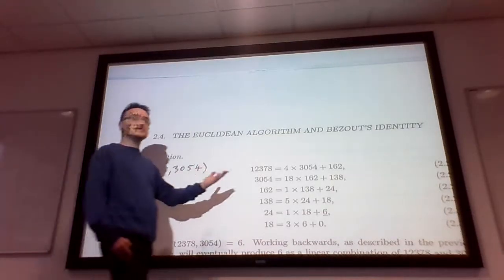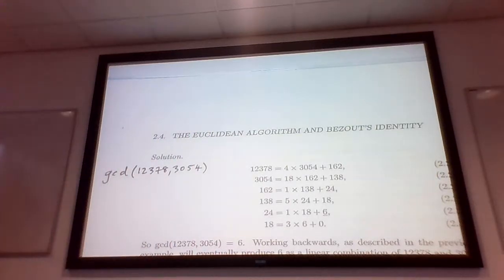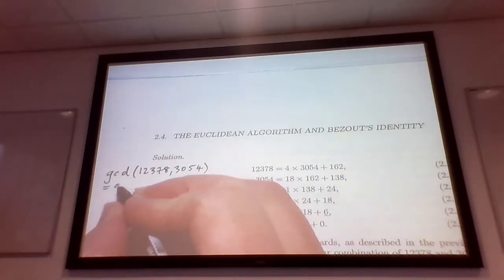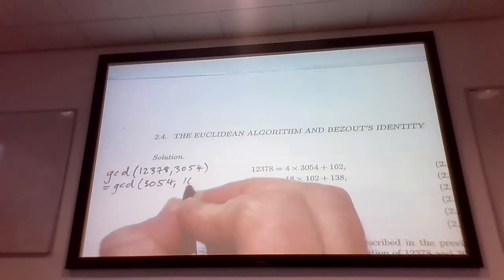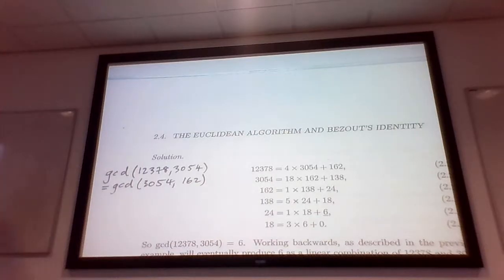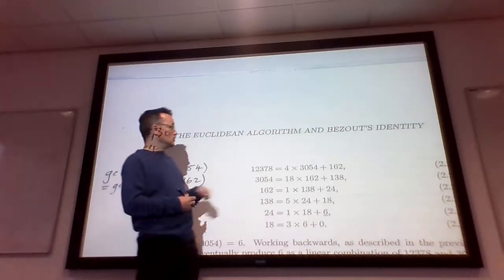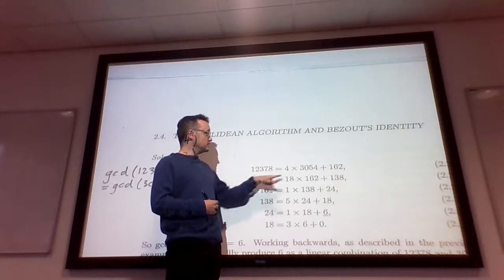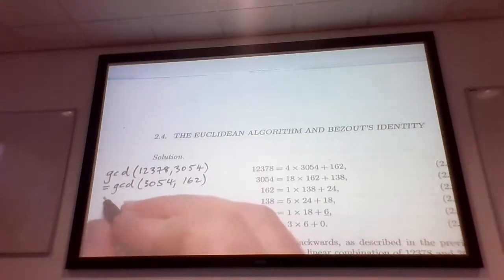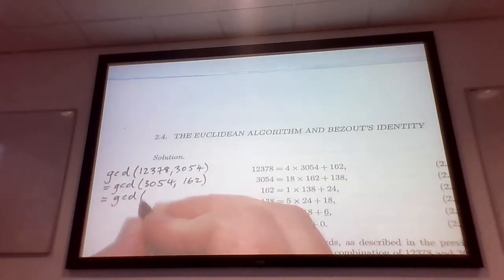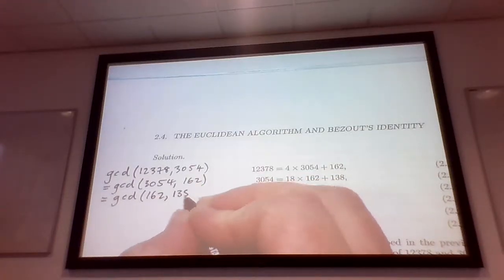Well, we perform integer division with remainder. We find a remainder 162. So applying the lemma tells us that this is the greatest common divisor of 3054 and 162. Still too large to know what it is, so we do the integer division with remainder again. We divide 3054 by 162, we see a remainder 138. So this is the GCD of 162 and 138.